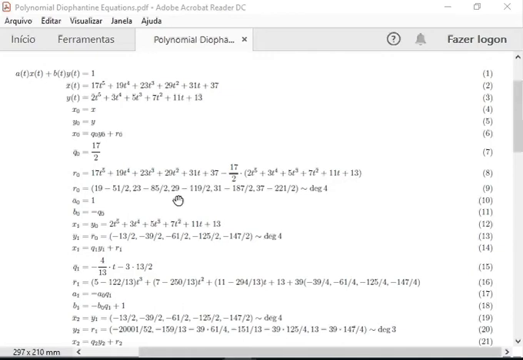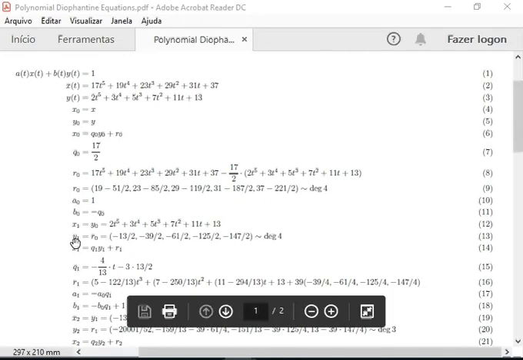Do the calculations, and we'll have a polynomial of degree 4. Here I indicated the coefficient of 1, coefficient of t, coefficient of t2, coefficient of t3. The coefficient of t4 is 19 minus 51 over 2. Now let a0 be 1, let b0 be minus q0.